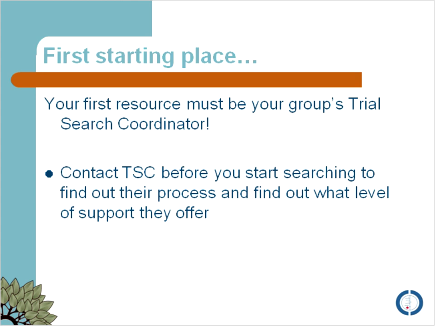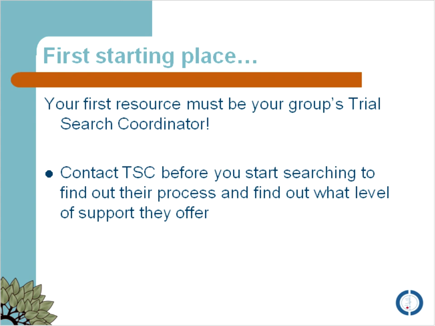So absolutely, your first step is to talk to your trial search coordinator. Different review groups offer different levels of assistance. You may have a trial search coordinator who can design your search strategies, run them, send you searches, and help you with review management software.